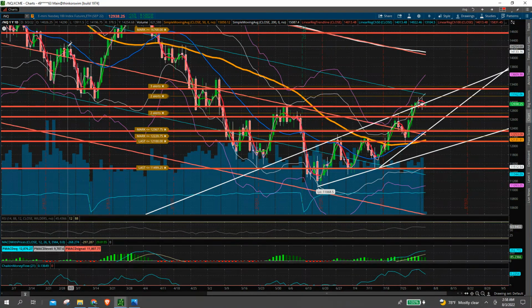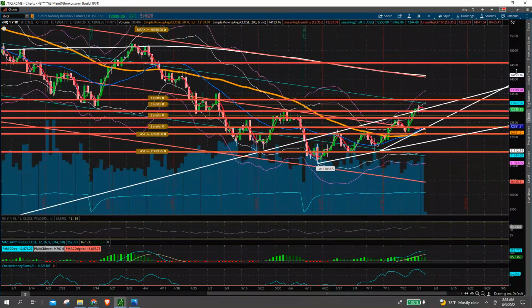If we zoom out slightly, the last bear market rally that we had this year, we came to the white line, this white moving average, and that's where we got rejected.